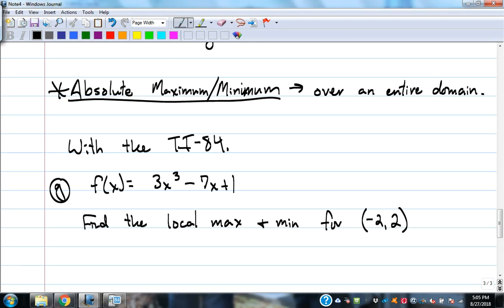That looks like an ordered pair, but it's an interval. Anytime they're talking about local maxes and mins, and they give you two numbers that look like an ordered pair, it's an interval that we're going to look at.